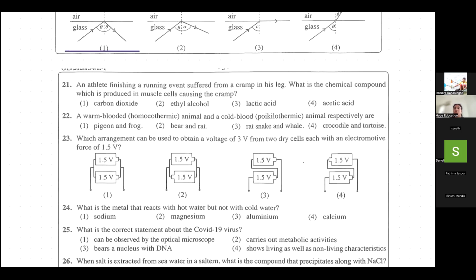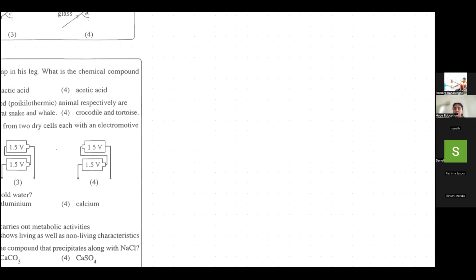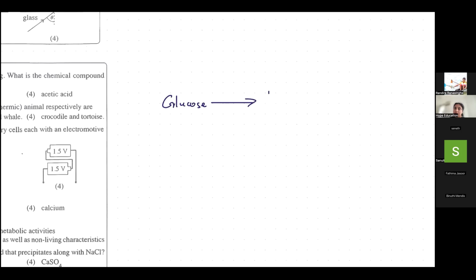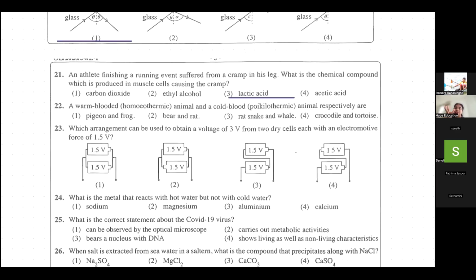It is lactic acid. Do you know anaerobic respiration in animals? Glucose is oxidized without oxygen. So when no oxygen is there, glucose will form lactic acid plus energy. This is anaerobic respiration in animals. This lactic acid gets accumulated in the muscles, so that will cause a cramp.